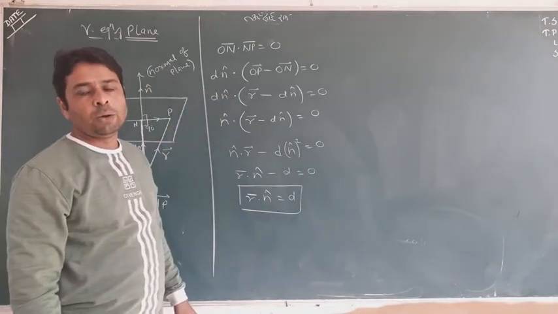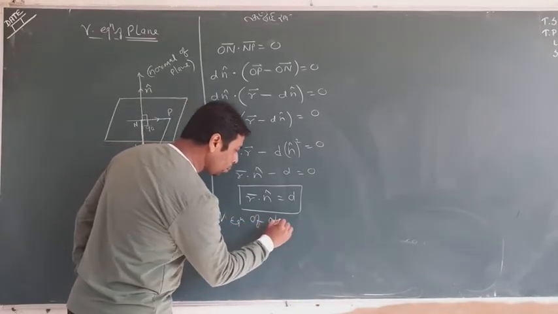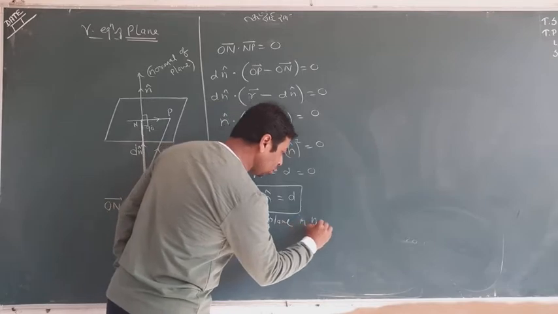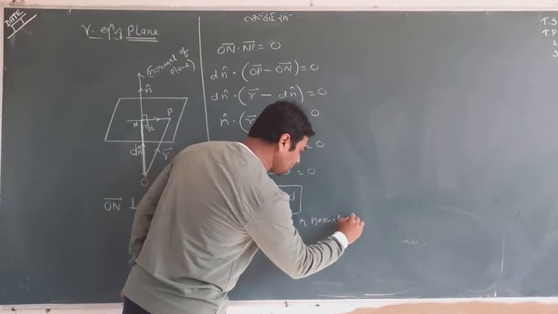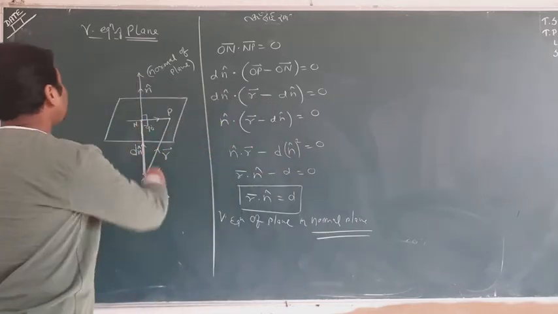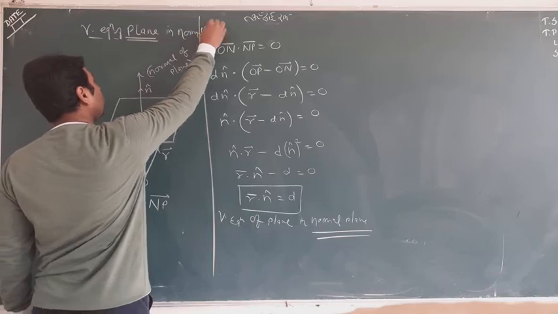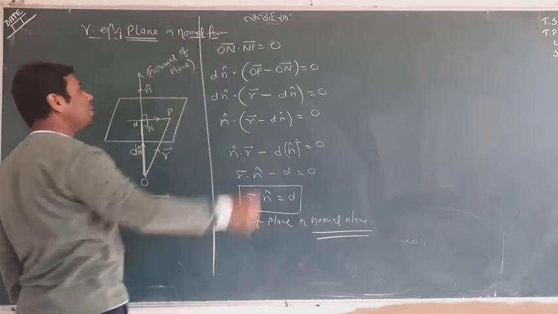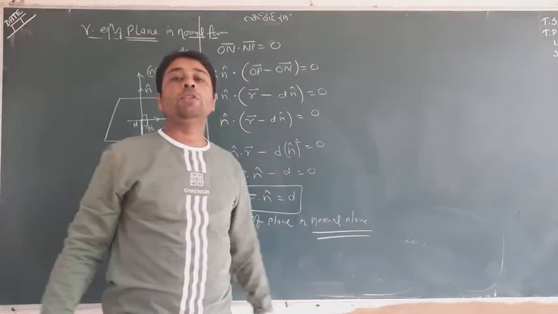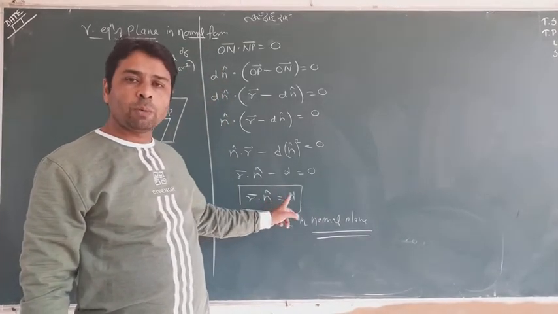This is the vector equation of plane in normal form. Very good thing it is. I am writing the vector equation of plane in normal form. First topic is vector equation of plane in normal form. Can you read it? r dot n cap equal to d.